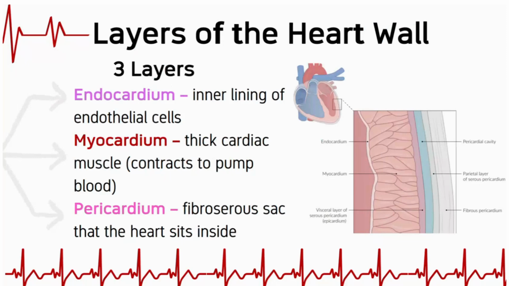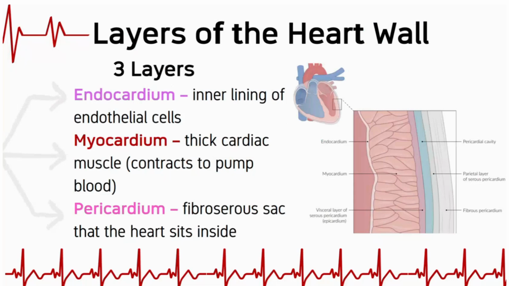Now, all three layers can have things go wrong with them. Okay, so an example, infective endocarditis. That is an issue with the endocardium, right? We have a little damage that is caused by jet lesions inside the endocardium, and that can get infected, right? Myocardium, you would have heard of myocardial infarctions, in other words, heart attacks.